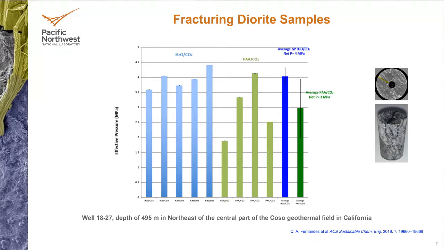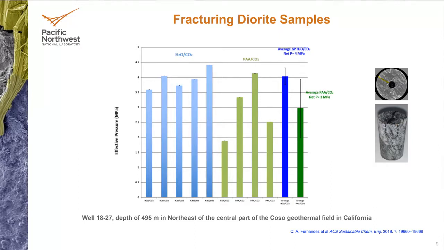So we say, okay, well, this could be due to the sample variability, the heterogeneity of the rock. But we do see an effect, right? For water and CO2, no changes, it's fairly constant, about 4 megapascals on average, and the sample variability, one standard deviation, is fairly small, while with polymer the rock response is different. So maybe different mechanisms take place when you fracture with polymer solution and CO2 due to the reaction, while when we fracture with water and CO2, those mechanisms don't govern the fracturing process.